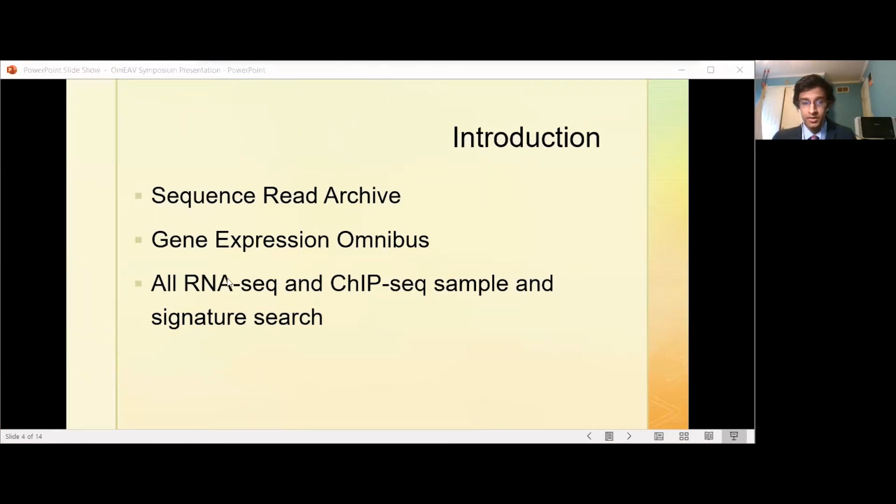And then there's the All RNA-seq and ChIP-seq Sample and Signature Search, or ARCHS4 database. Essentially what they did was mine the SRA and the GEO for RNA sequencing data from humans and mice specifically, and put it into a format that could be accessed by programs.